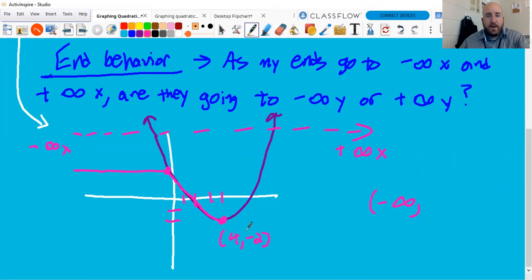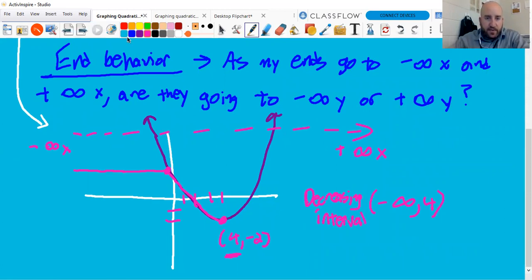So I'm talking about where the graph is going up and down, but I'm talking about it over my entire domain from -infinity x to +infinity x. So from -infinity x to +4x, my graph was going down. So this is a decreasing interval.